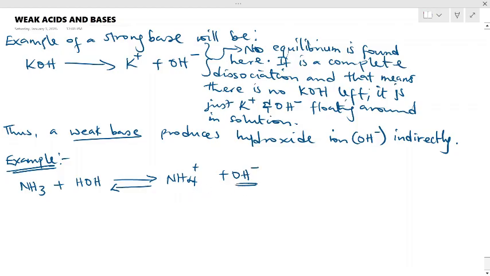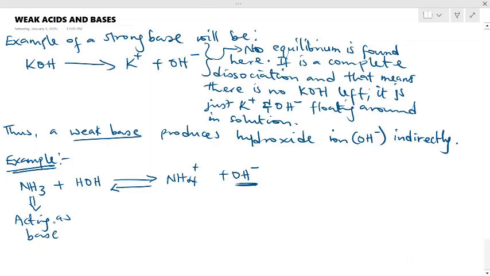The OH that it produces is what indicates it as a base in the first place, and it's a weak base because it is producing the hydroxide ion indirectly. Here you have the ammonia acting as a base.